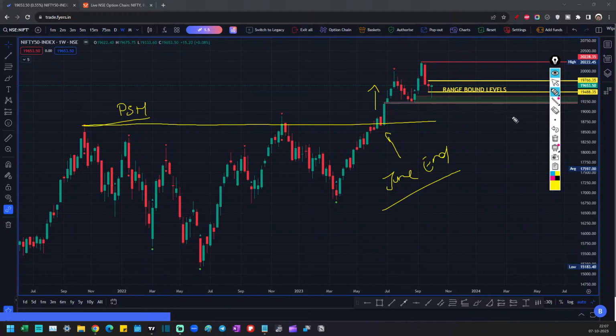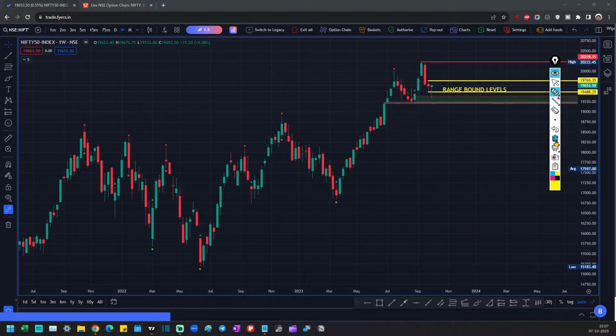If you have seen the imbalance webinar that I had taken on my website for free, it created this space where, at the last swing high, it broke that swing high with good momentum. It broke that swing high with a good imbalance candle, forming a range of good order blocks at 19,000 to very close to 18,500.